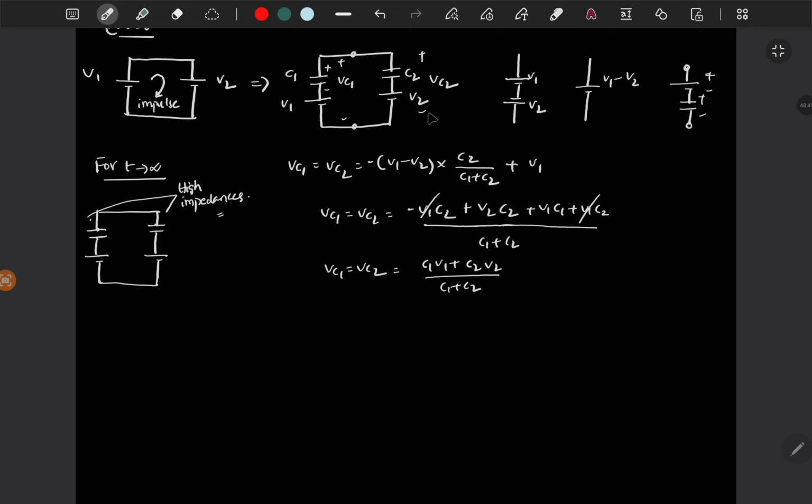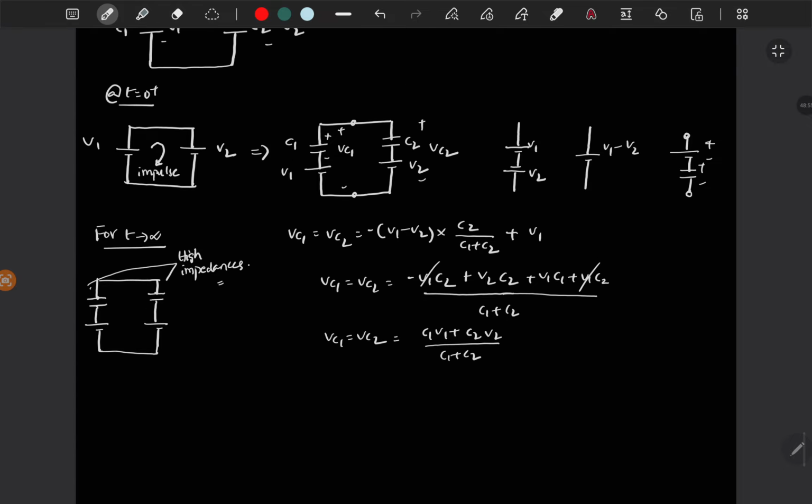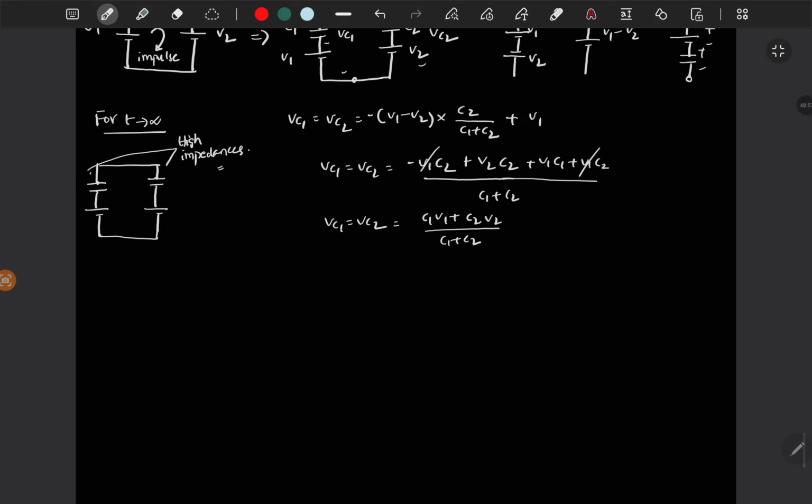So equivalently you can take V1 minus V2 of this voltage and you will find this capacitor voltage, which is V1 minus V2 into C1 by C1 plus C2, and then add this voltage V2. Then you will get the same expression C1 V1 plus C2 V2 by C1 plus C2. This is one way of solving.